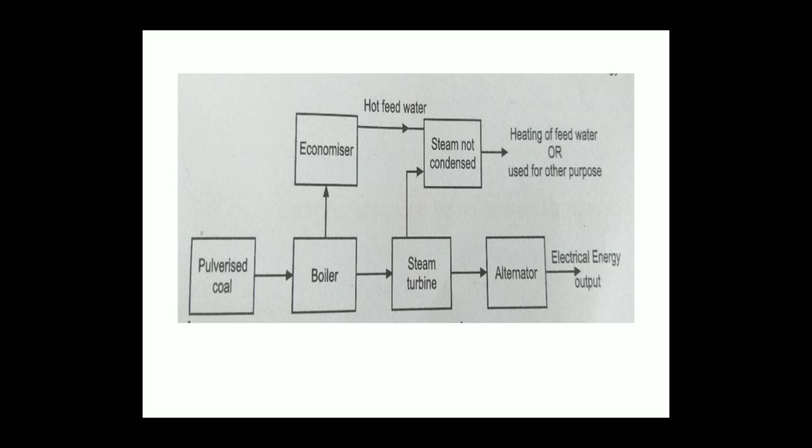The exhaust low pressure steam from the turbine is generally condensed to water, which goes back to the boiler. Also, the flue gases from the boiler containing heat energy are exposed to the atmosphere directly. Hence, the efficiency of a conventional power plant is low and may be about 30 to 35%.